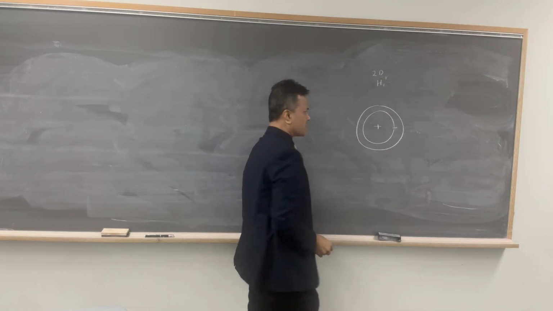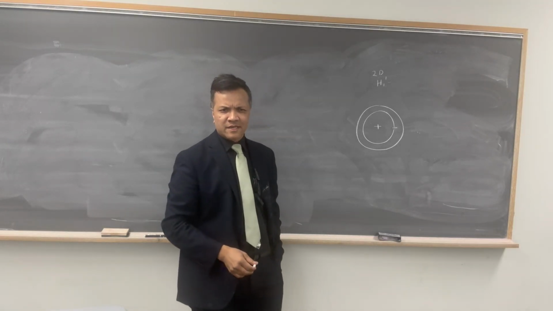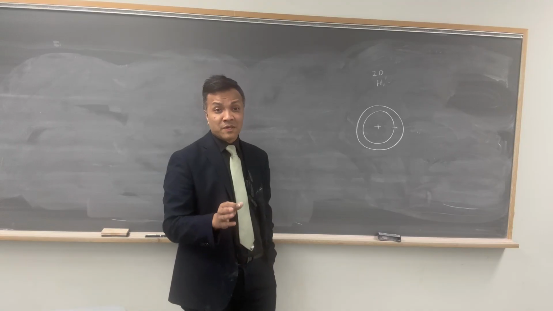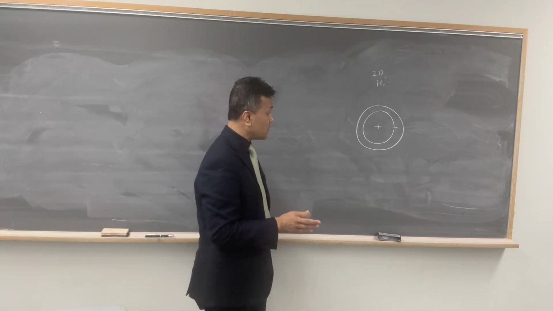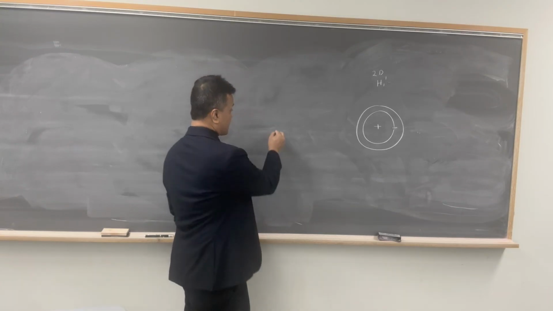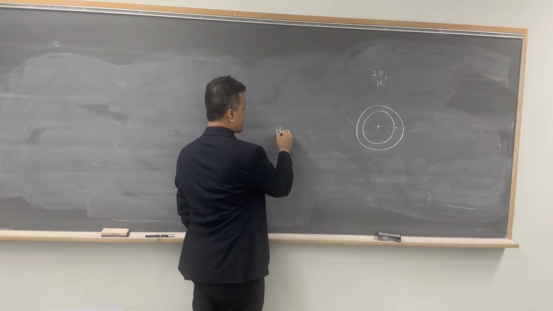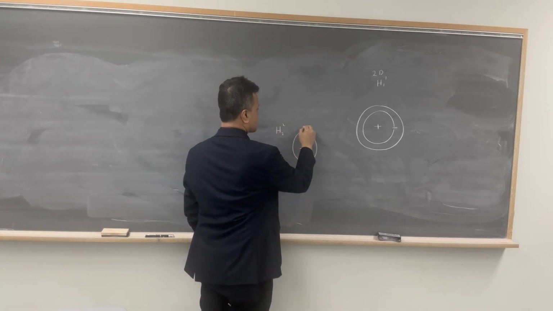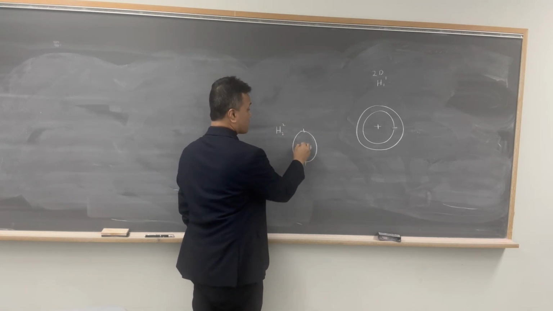What are you thinking? Where is the proton? The Bohr model of the hydrogen atom does not need a proton drawn in because there is no repulsive force in the nucleus. If it was helium, then of course there is a repulsive force in the nucleus, so you need a proton.